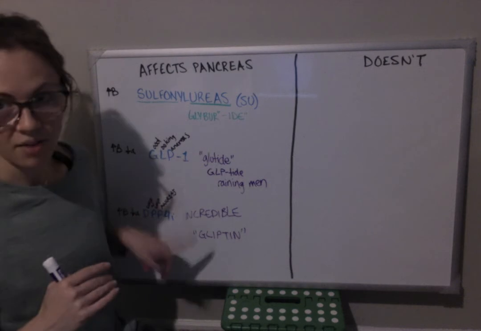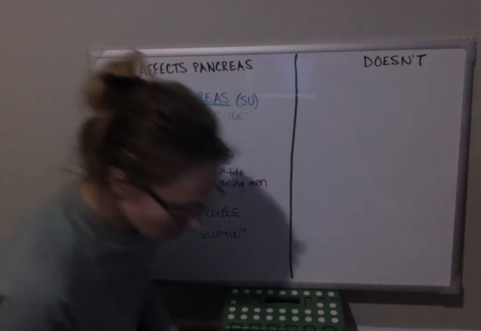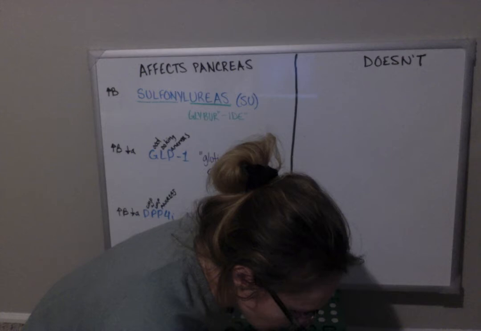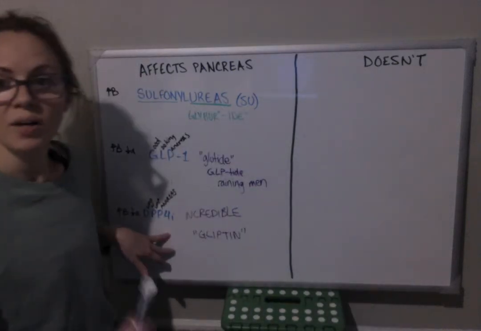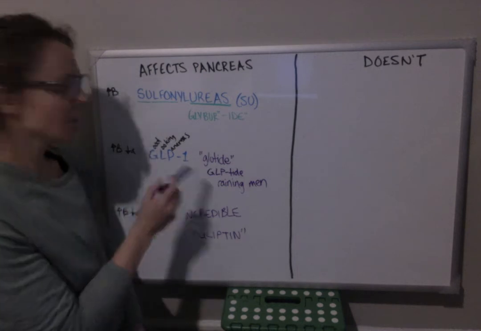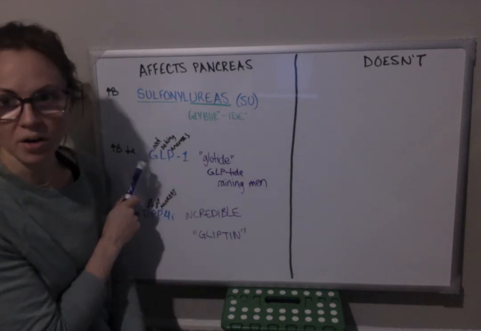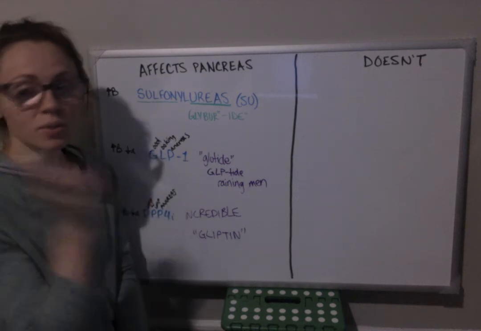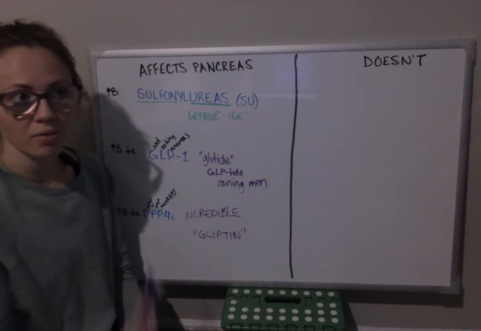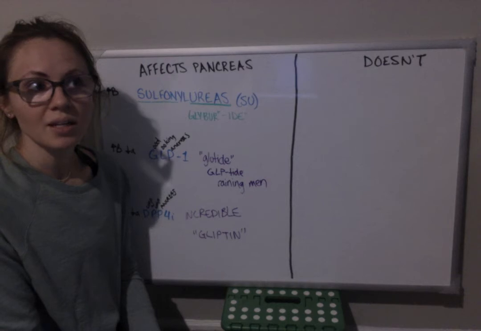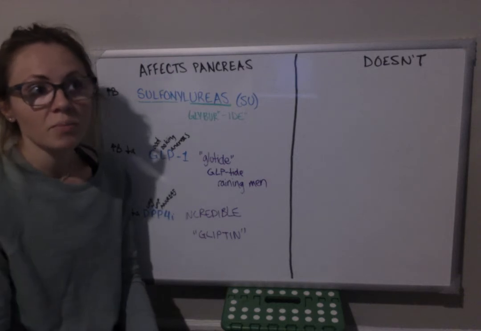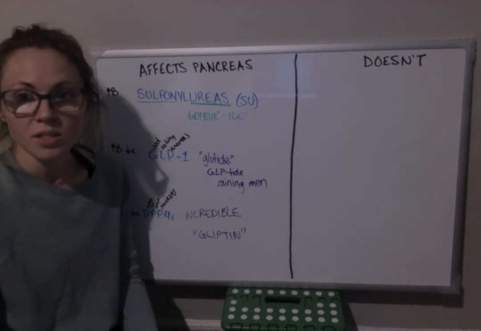Because this came out in 2005, this came out in 2006. And this one is not first line though. This one has had a lot more studies done, showed a lot more cardioprotective benefits. And then with the DDP4Is, there's one drug that actually has shown an increased heart failure hospitalization risk.